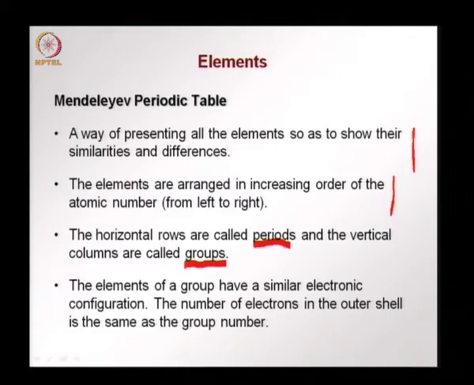The elements are arranged in increasing order of the atomic number from left to right, and we have the horizontal rows which are called periods, vertical columns are called groups. Now, what is of interest is that the elements of a group have the same electronic configuration. That means the number of electrons in the outer shell of a group are the same and are the same as the group number.